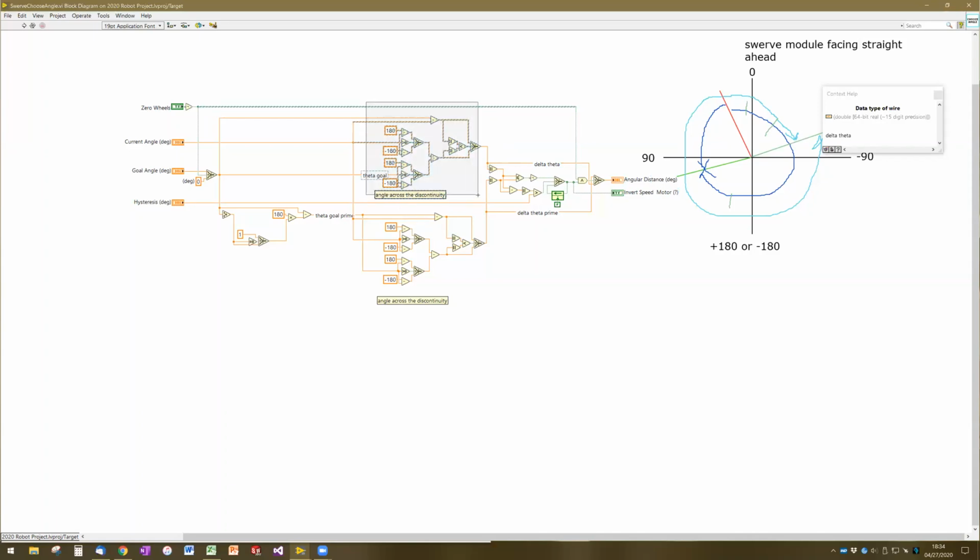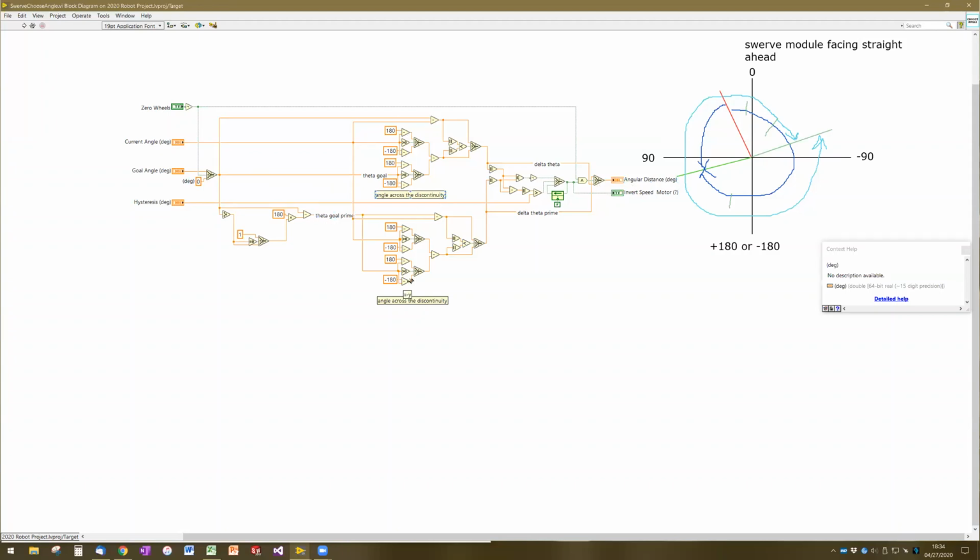This block of code is completely duplicated over here. The only difference is that instead of the goal angle going into the math, we have the opposite of the goal angle going into the math. So here we're calculating basically 180 minus this angle, so we flip it around. The extra stuff here is to handle, again, the sign oddities, just to make sure we don't have any weirdness with how the signs are interpreted.